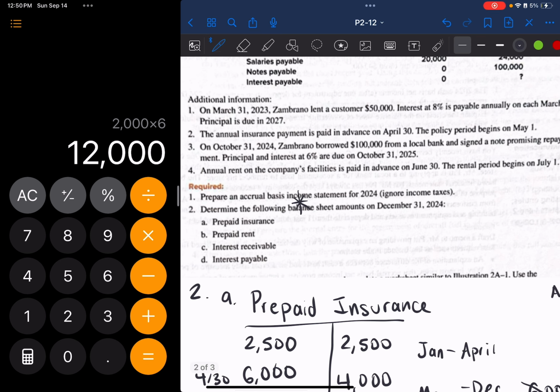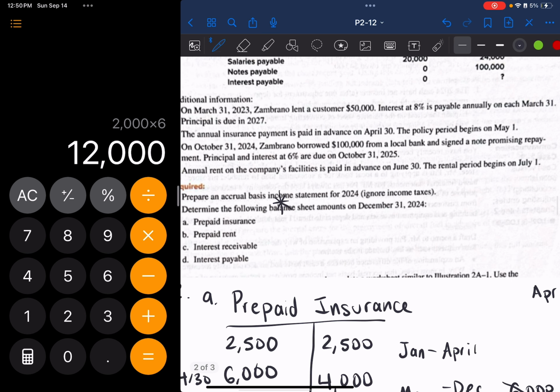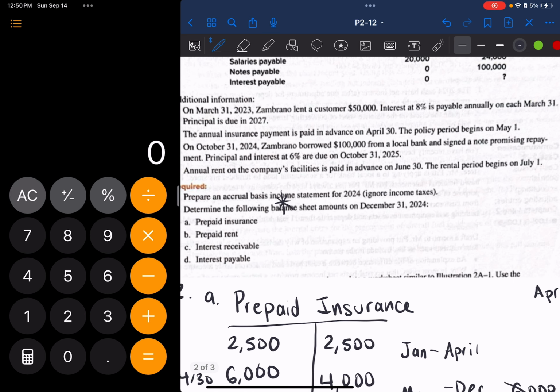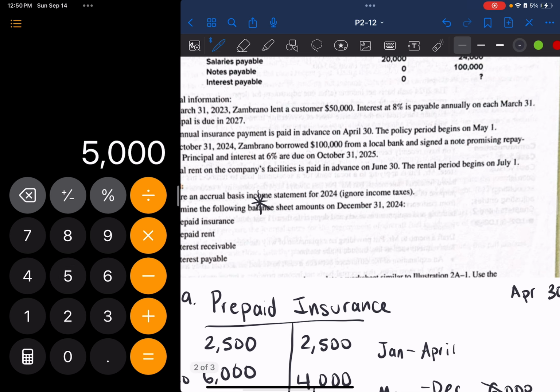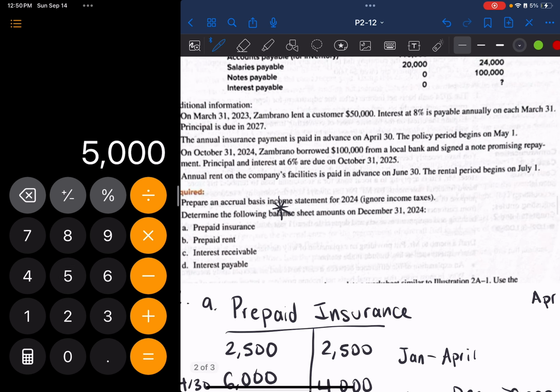However, the principal is not due until 2027, so we're not doing anything with that. We're solely focused on interest, and interest is usually an adjusting entry.